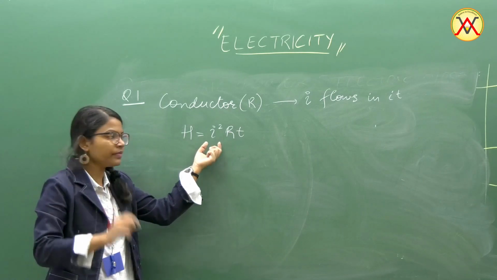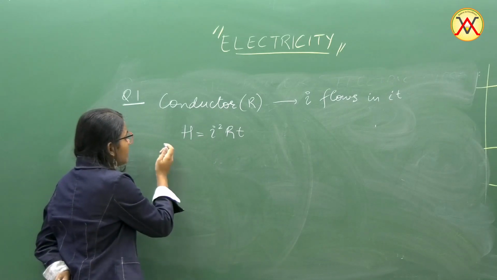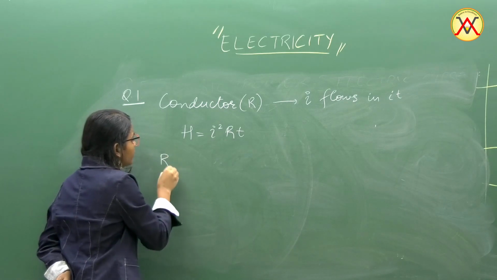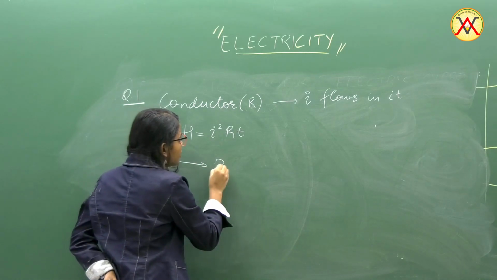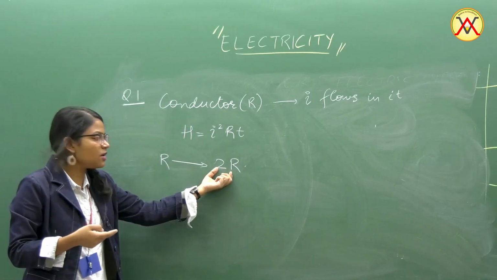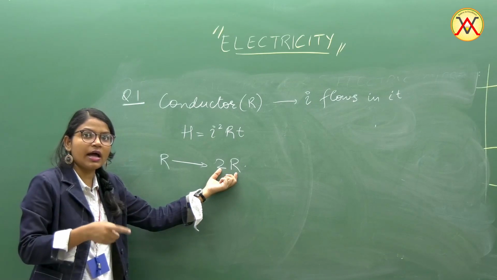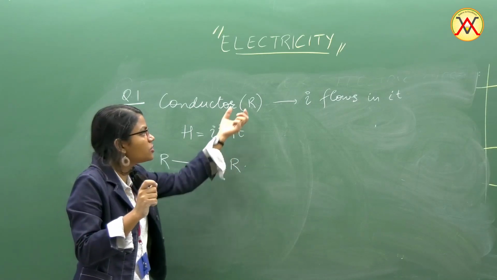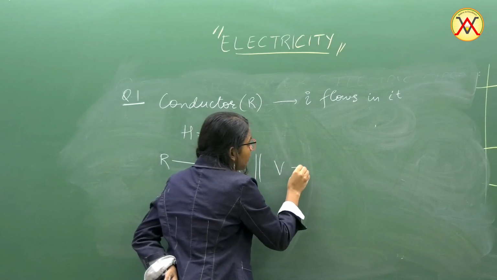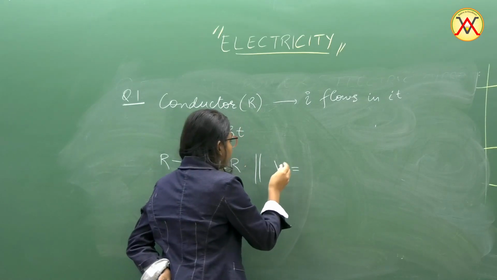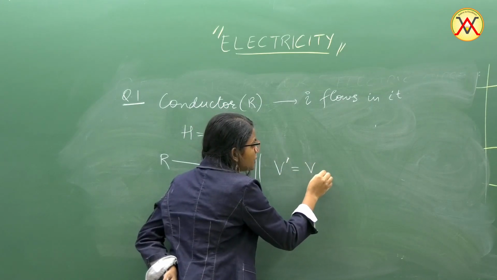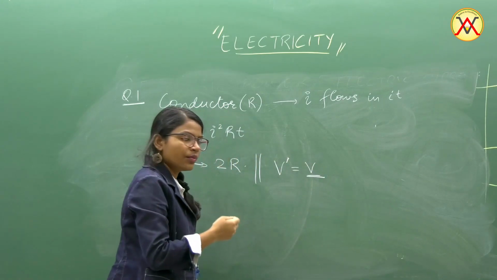Now, they say that the resistance of the wire has been changed to 2R, and nothing is given about your source, which means the new potential difference V dash will be equal to the initial potential difference, right?